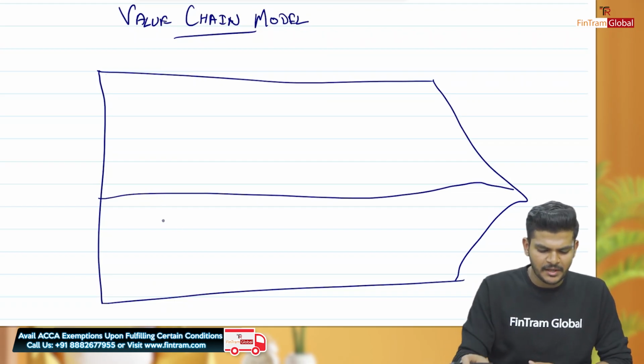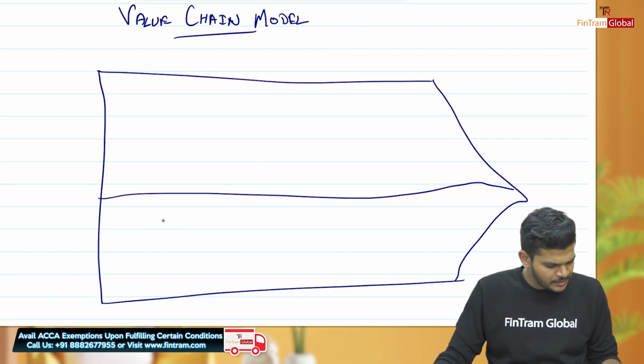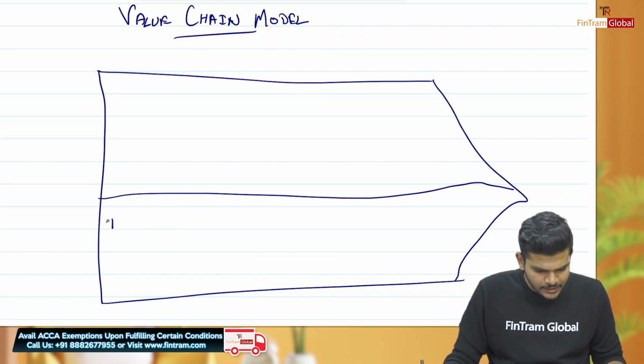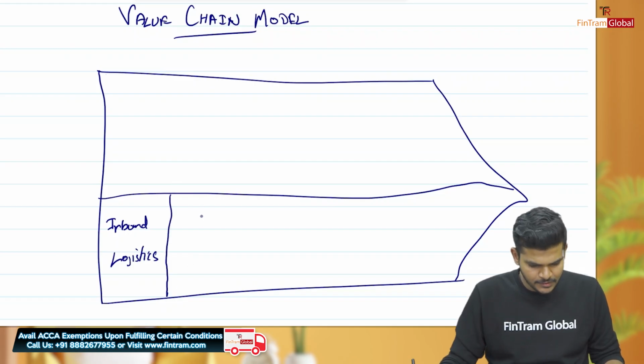So what were the primary activities all about? Let's have a look. The primary activities involve inbound logistics, right? And then there is operations, of course.